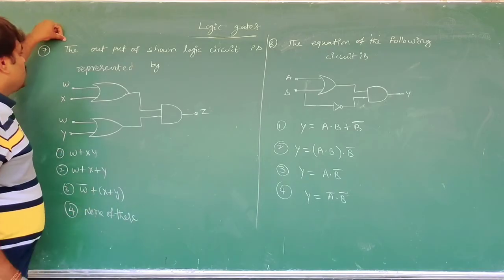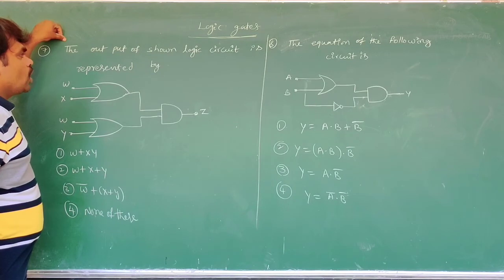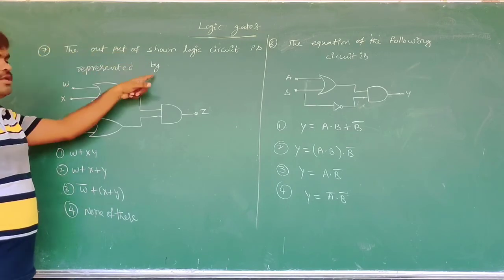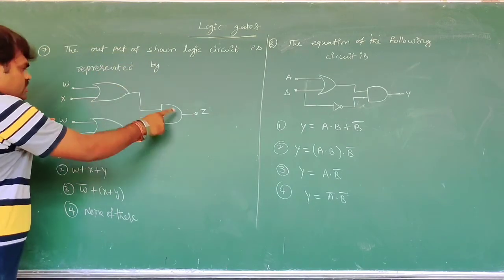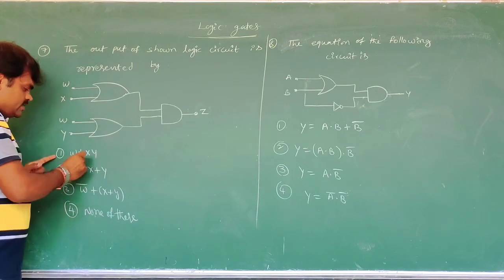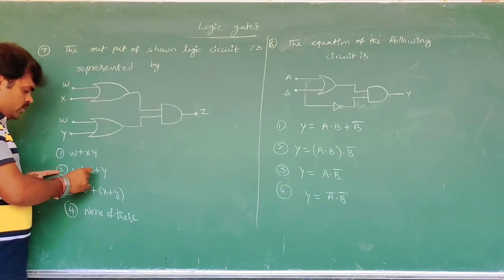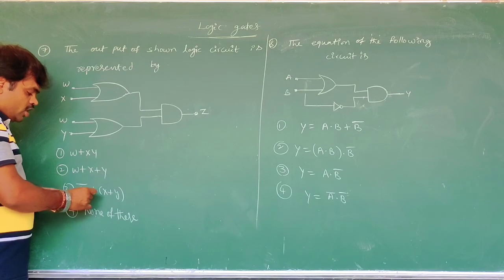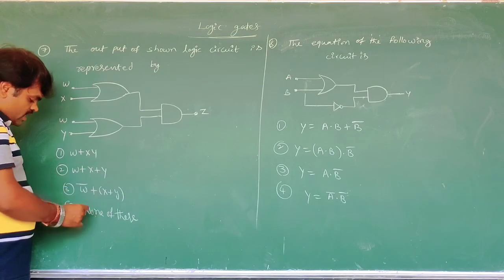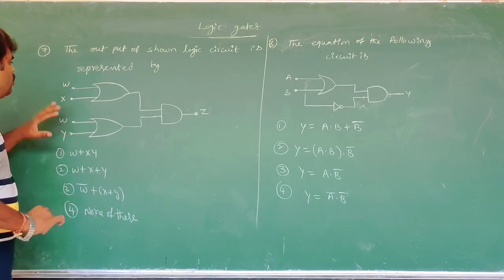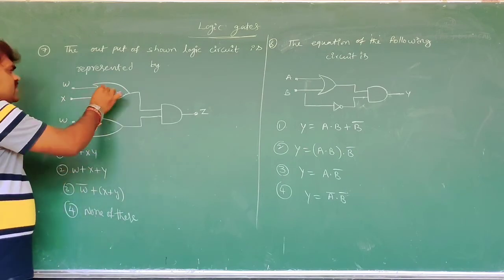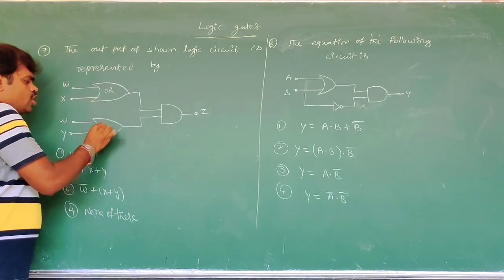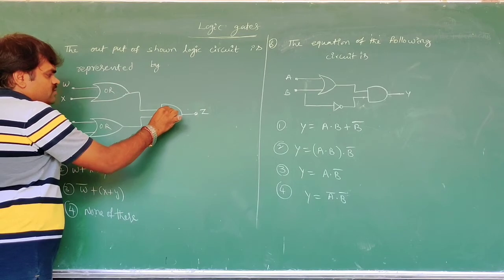Seventh one. The output of the shown logic circuit is represented by, they have given a logic circuit, the options: W plus XY, W plus X plus Y, W bar plus X plus Y, none of these. Now in the circuit, this is an OR gate, this is also OR, this is the AND.